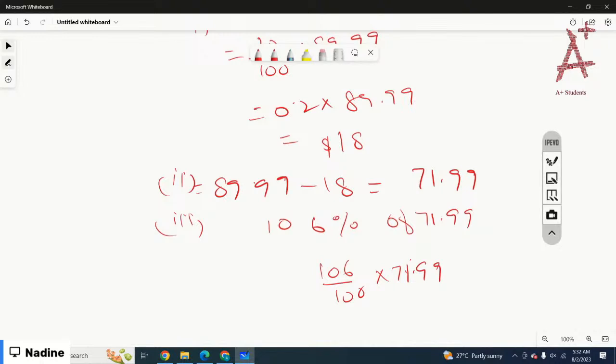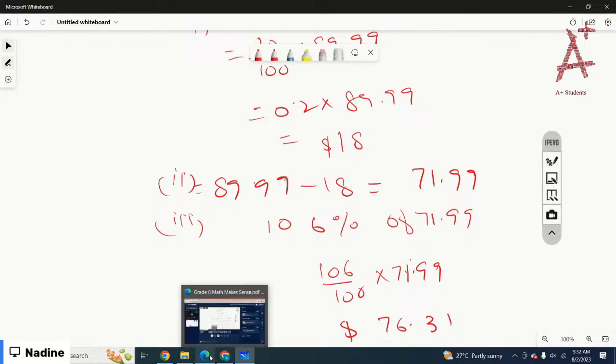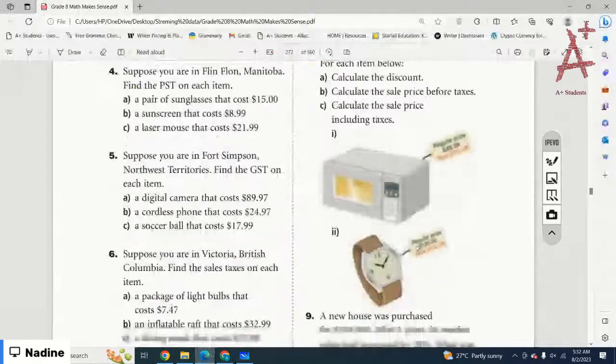So it would be 76.31. That means the price including tax is 76.31, right? Okay, I have done all the parts for the first item. You can do the other two items, right? For the watch also.